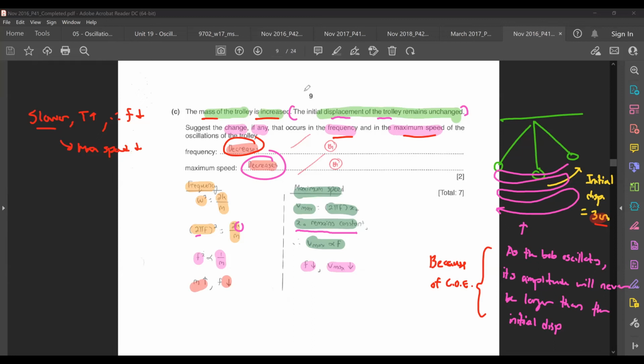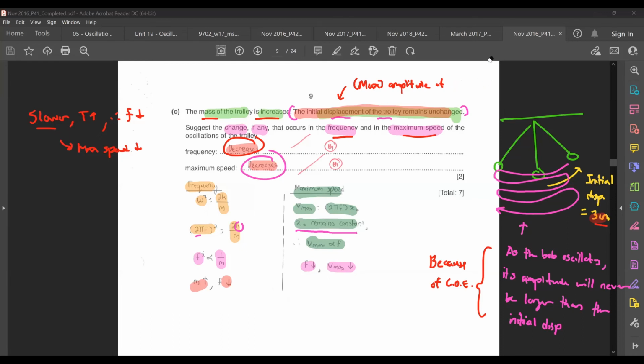So here they mentioned that the initial displacement of the trolley remains unchanged. That actually implies that the maximum amplitude of oscillation remains the same as before. Sorry, let me just write this properly.